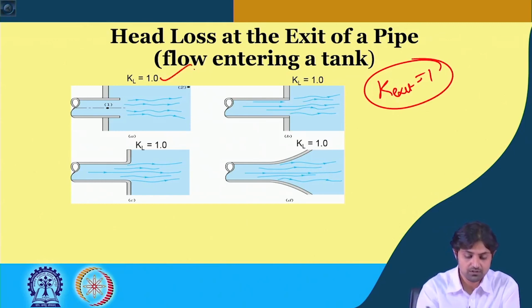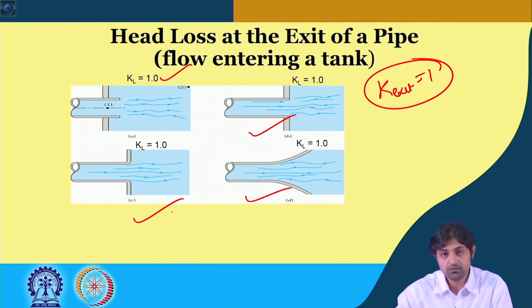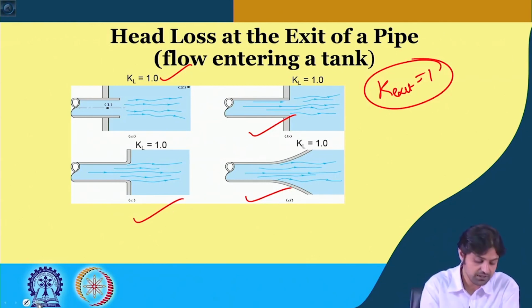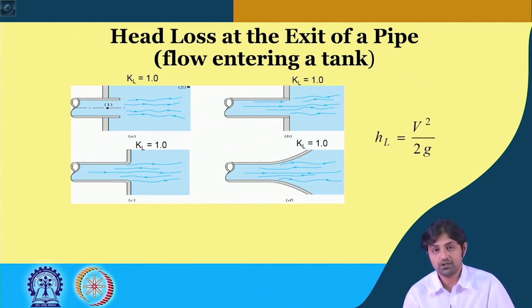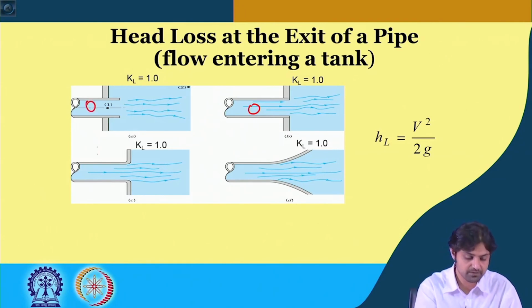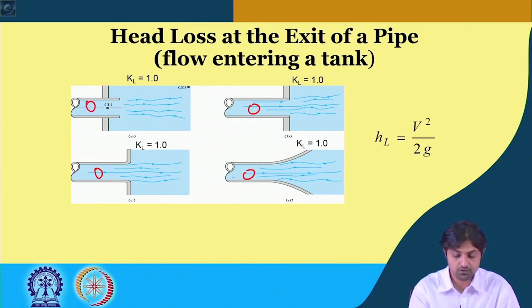Whatever this thing is, KL is always going to be 1.0, very easy to remember. And head loss is simply V square by 2g, where V is calculated at these points. Don't try to calculate V here, because it will come to be 0 in the reservoir.